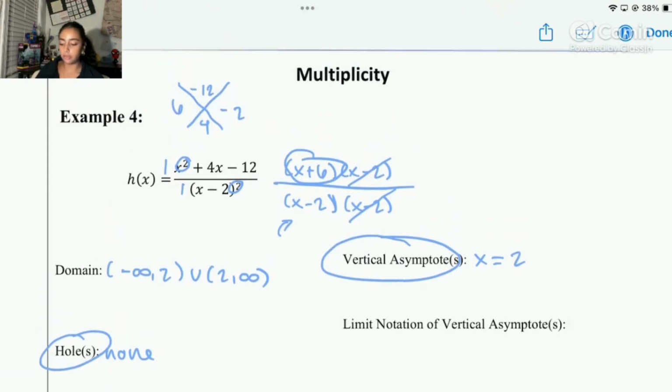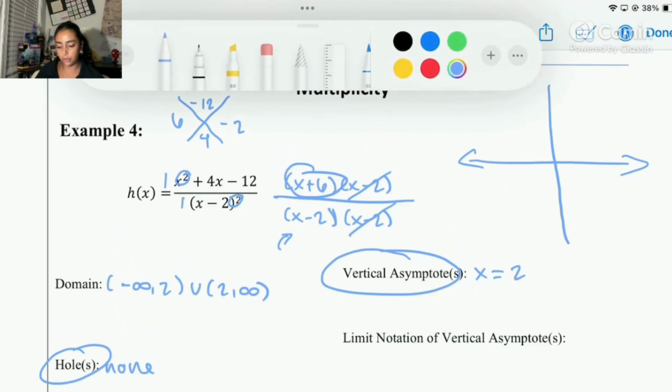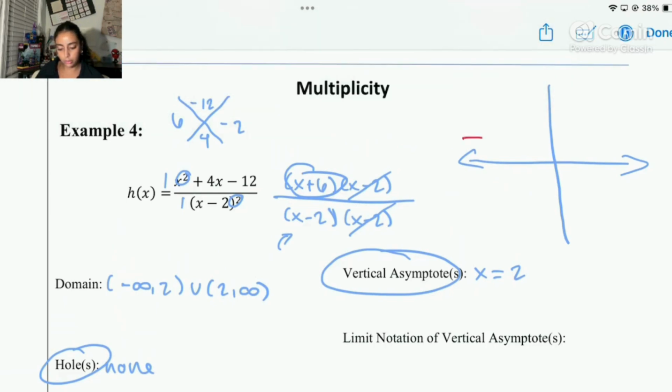And for limit notation, if you really want to draw your graph, it's pretty easy because you have that horizontal asymptote and vertical asymptote. So what it's going to look like: horizontal asymptote at y equals 1, vertical asymptote at x equals 2. So the graph is going to look like this.